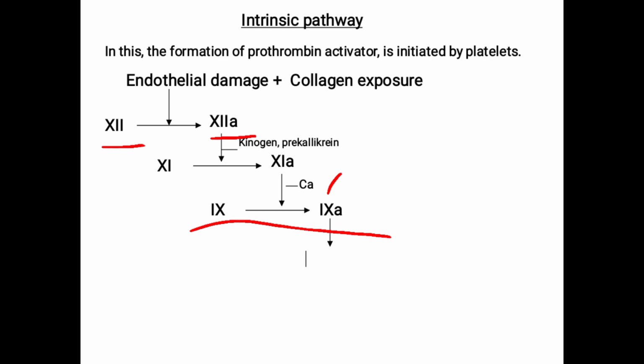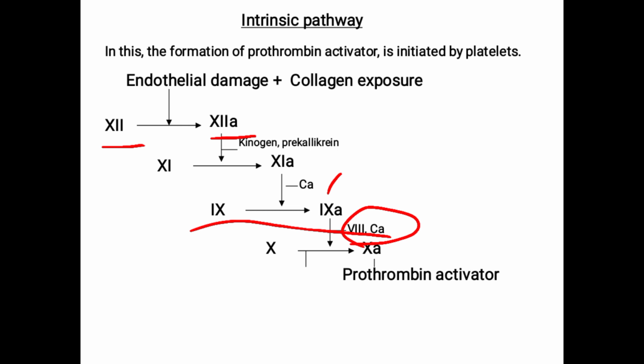Factor 10 is the prothrombin activator, okay. Next, in presence of factor 8 and calcium, factor 10 gets activated into activated factor 10a. So factor 10a is the prothrombin activator, okay, that activates prothrombin.